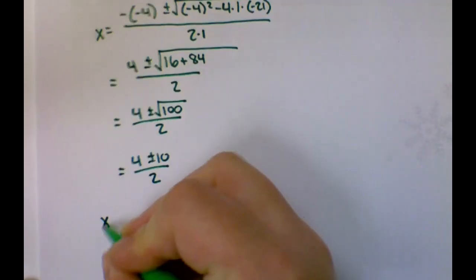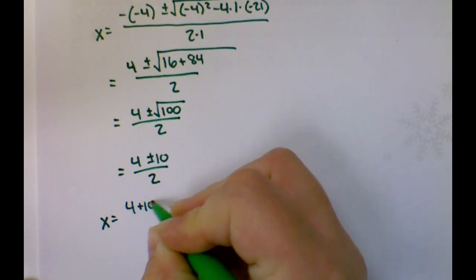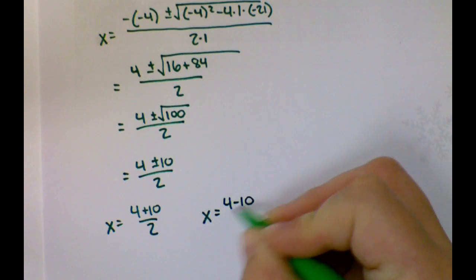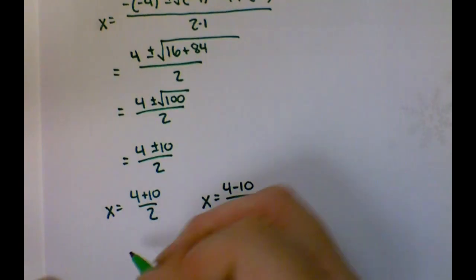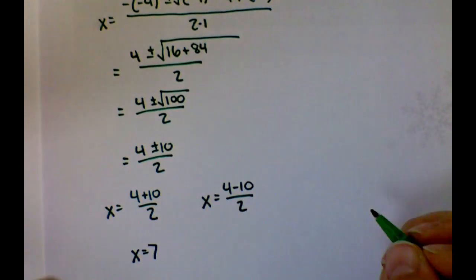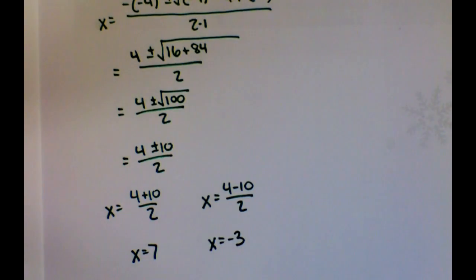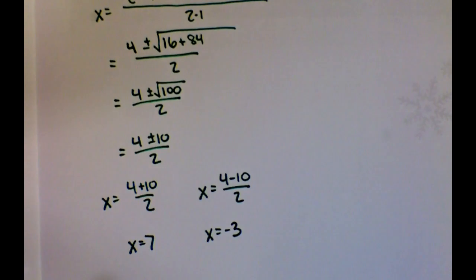So x is equal to 4 plus 10 over 2, and x is equal to 4 minus 10 all over 2. Well, 4 plus 10 over 2 is going to be 7, and 4 minus 10 over 2 is negative 3. Anytime you get answers that don't have a square root in them, it tells you could have factored originally.